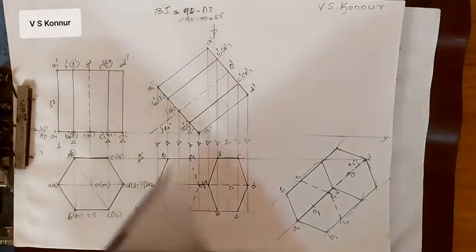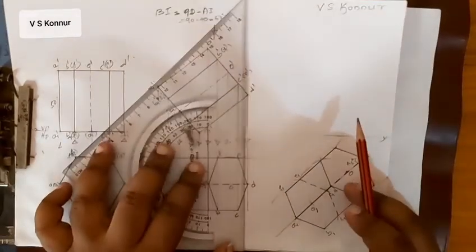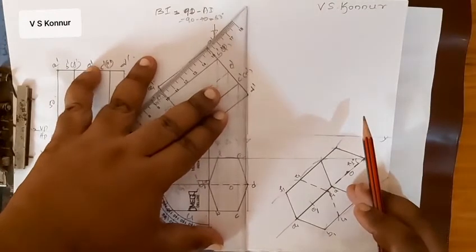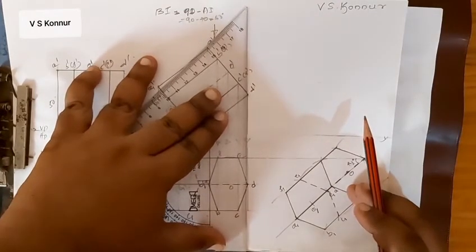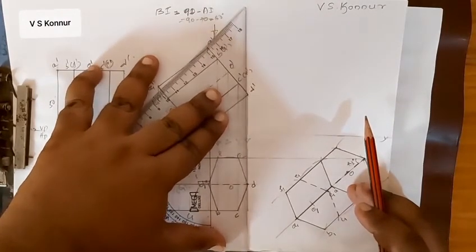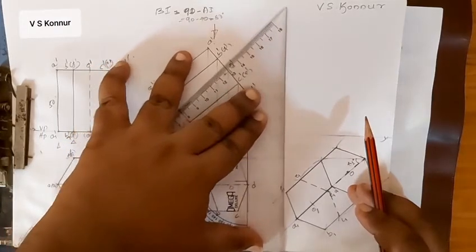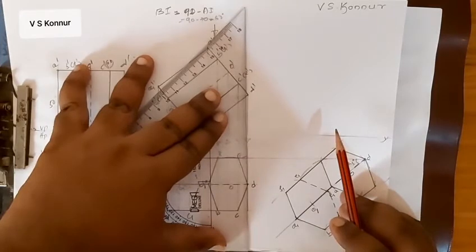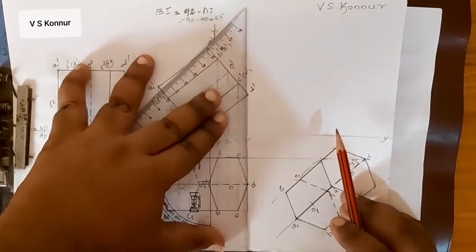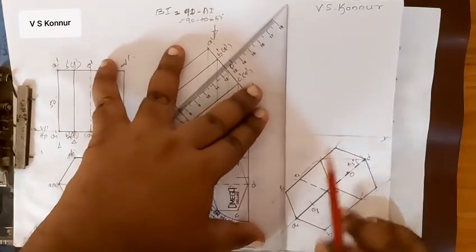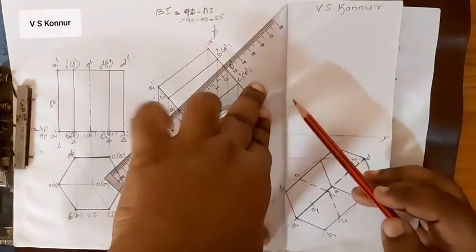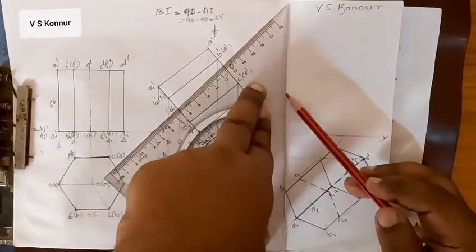Now we'll draw projector lines, or vertical projector lines parallel to these. F1 is here only.